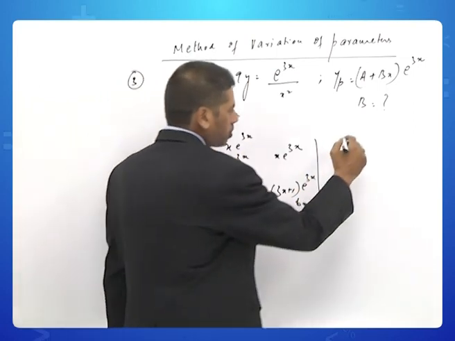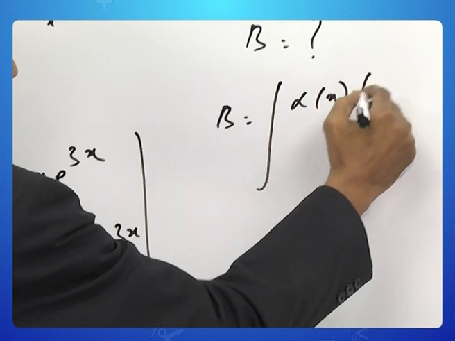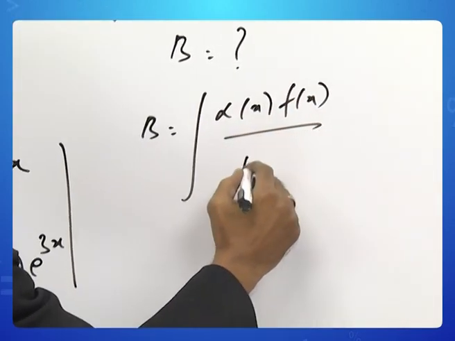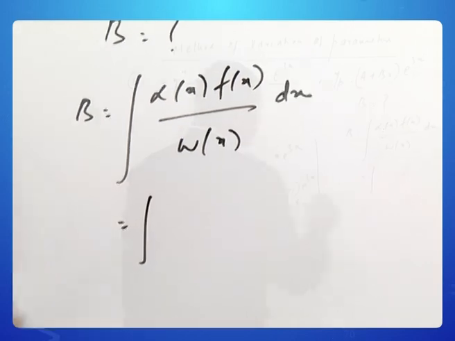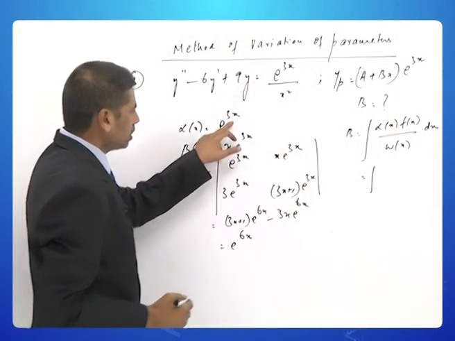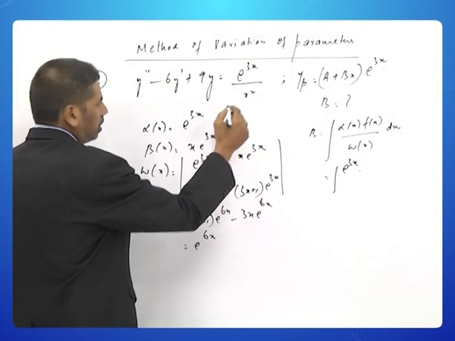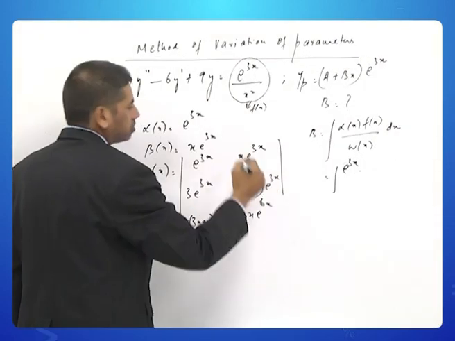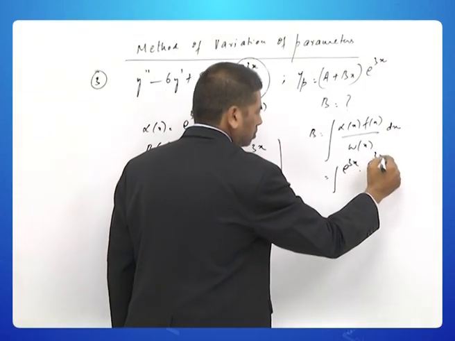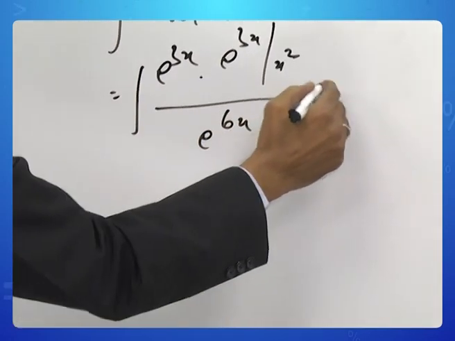Now, as in the previous problem, b is equal to integral alpha x f x divided by the Wronskian. Alpha x is e power 3x, f x is this right hand side, divided with the Wronskian, which is e power 6x.